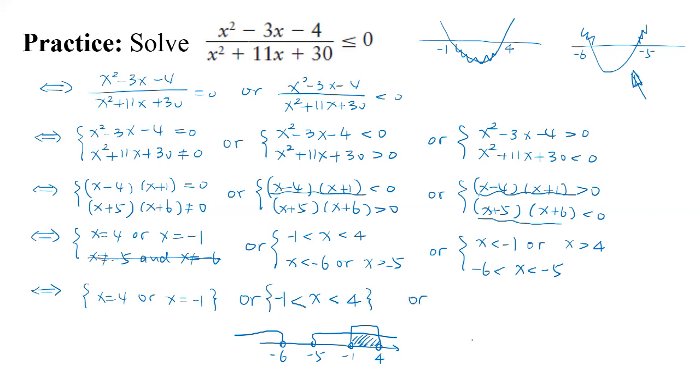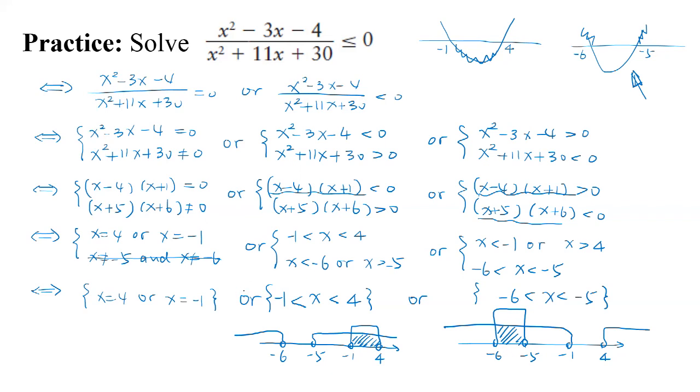And next one, we also use a number axis: minus 6, minus 5, minus 1, and 4. All right, this time, first of all, x is less than minus 1 or greater than 4, right? And next, x is within minus 6 to minus 5. So the overlapped area should be here, right? So the solution is x greater than minus 6, less than minus 5.